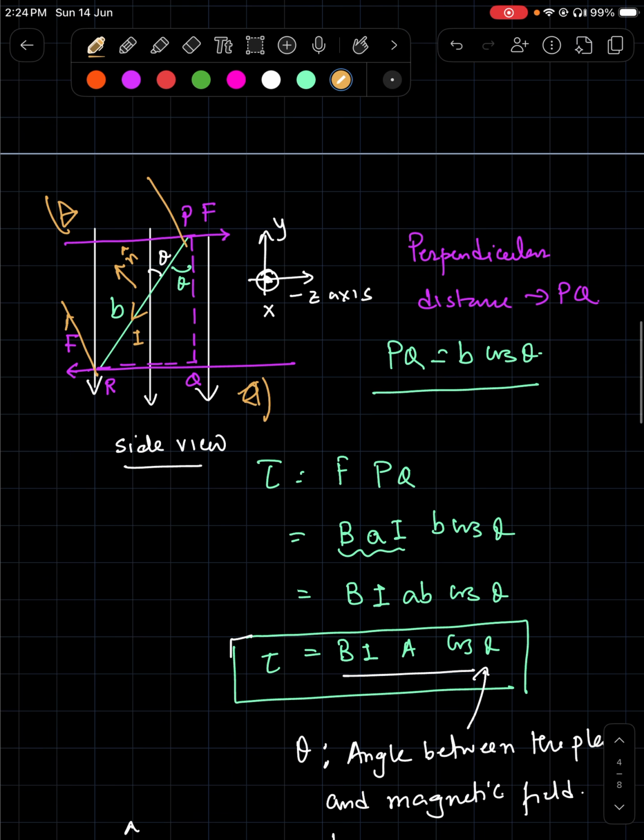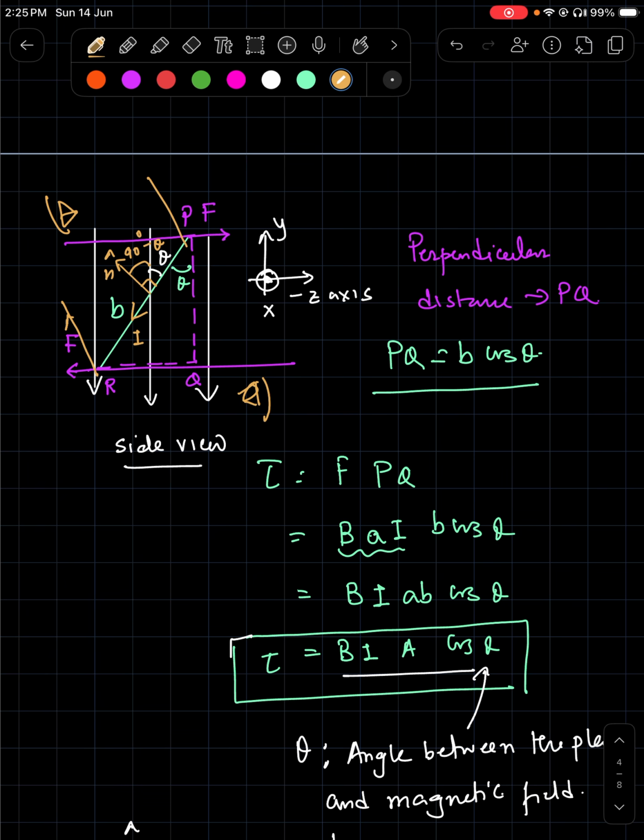So I have to draw this properly. Okay, so this is the n cap. Now what I am going to tell you is that if this is theta and the full angle is 90 degrees, then this angle is obviously 90 degrees minus theta.